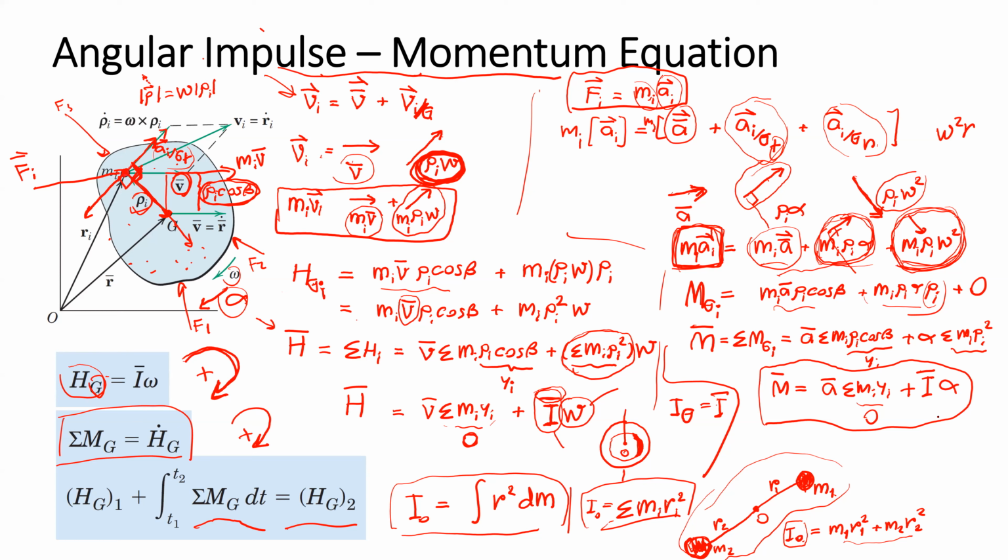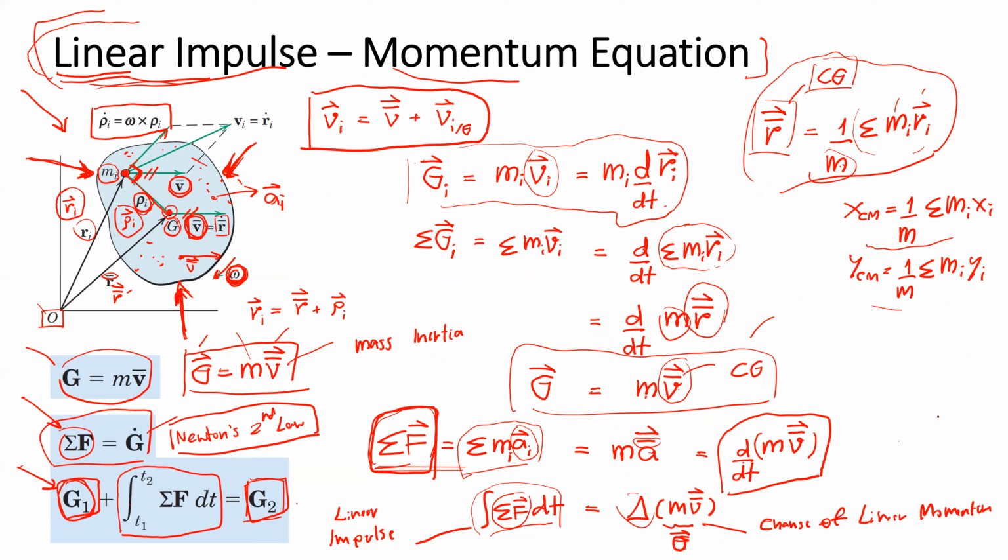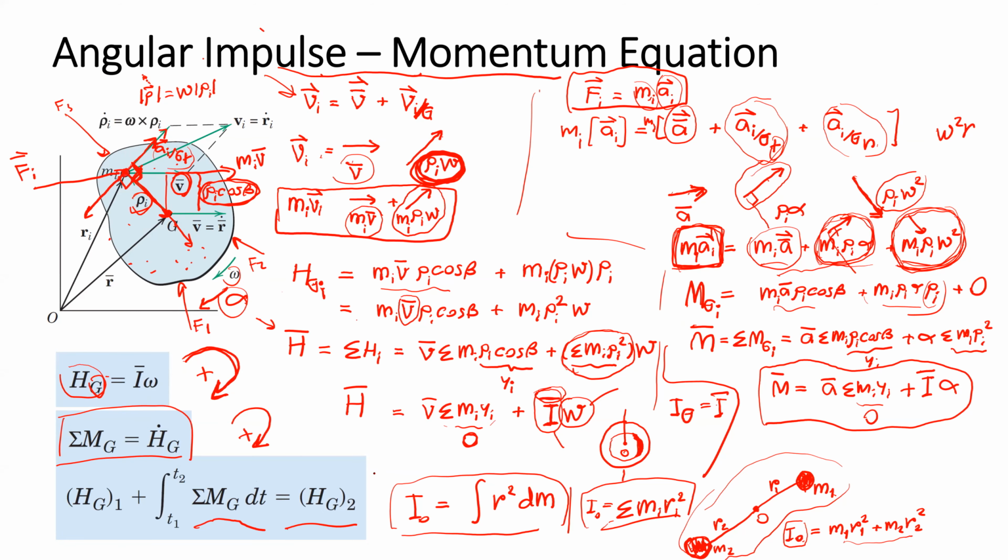And similar to the linear impulse and momentum relationship, you may write the summation of moment equal to I bar d omega by dt.